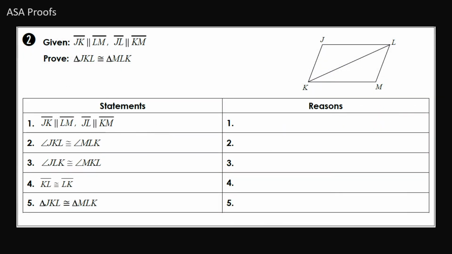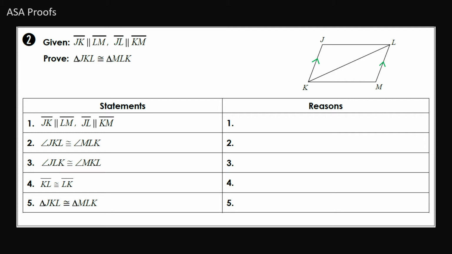So let's try out a proof. I'm going to work on number 2 in our guided notes. We are given that segment JK is parallel to segment LM. I'm going to go ahead and mark that on my diagram right now. Here's JK parallel to LM.